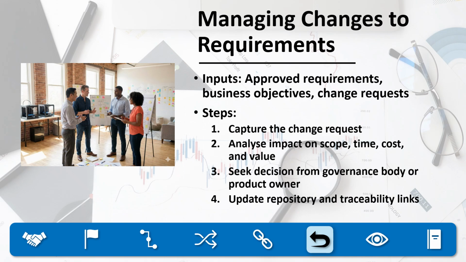Next, the request is analyzed for its impact on scope, time, cost, quality, and most importantly, business value. Once this analysis is complete, the proposed change is escalated to the relevant decision maker. This could be a governance board in predictive projects or a product owner in adaptive settings. Only when approval is granted are repositories and traceability links updated, ensuring that every related requirement, design, or test case stays aligned.